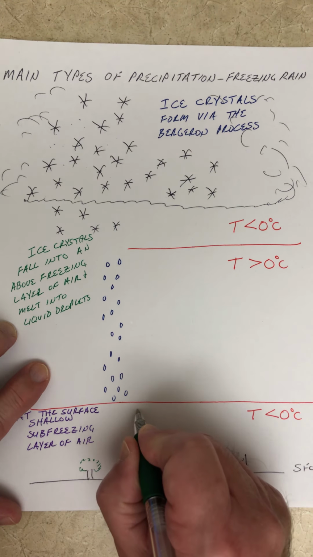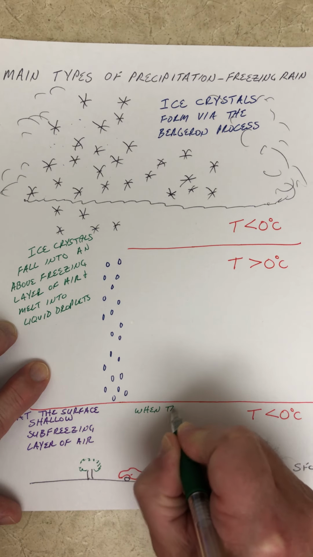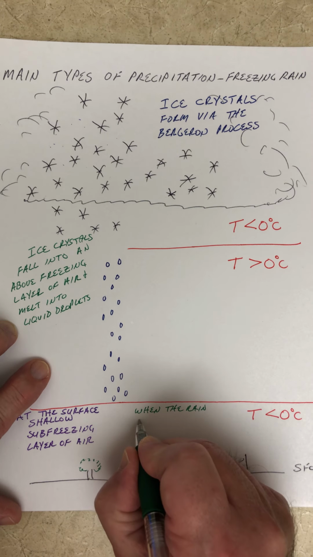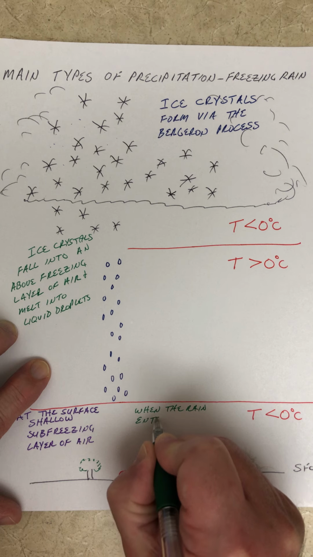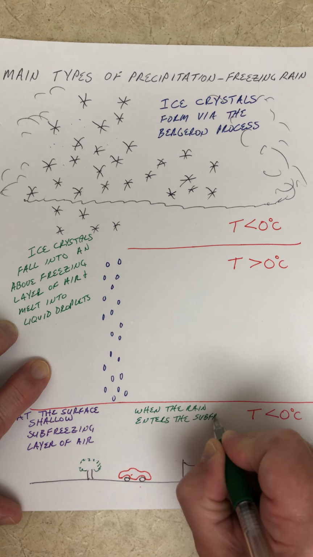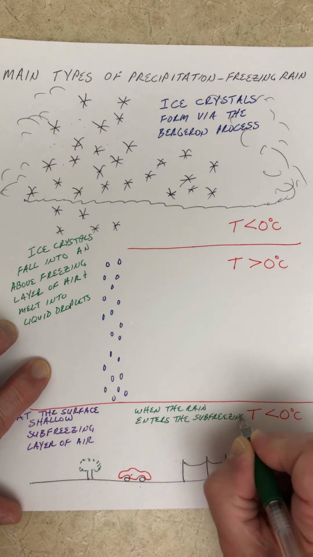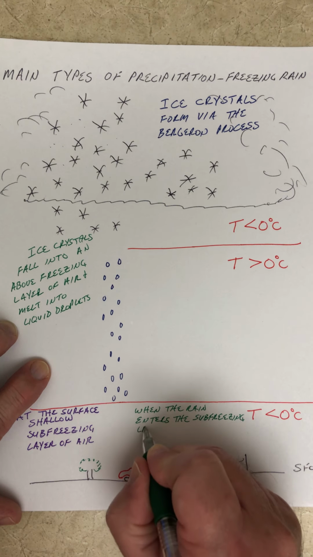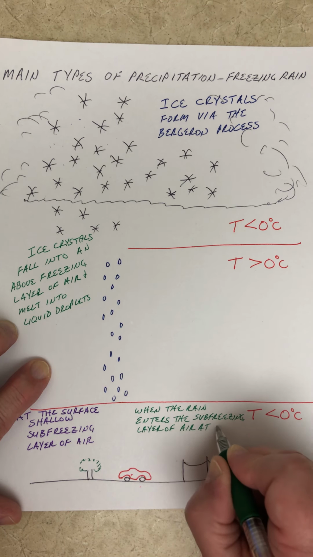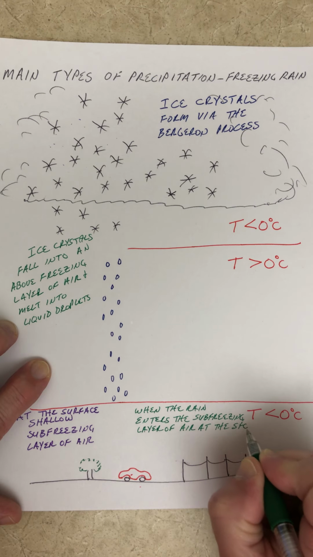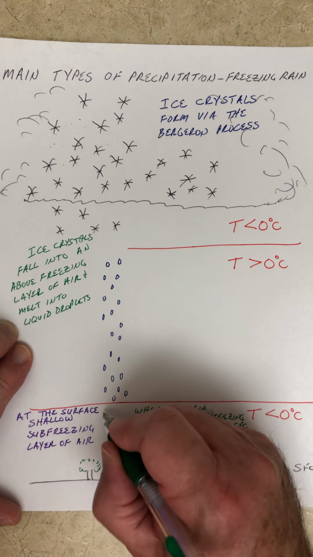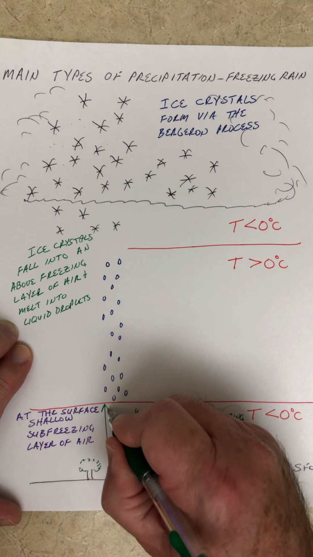So when the rain enters the sub-freezing layer of air at the surface, this layer is so shallow that it doesn't give the raindrops time to refreeze.